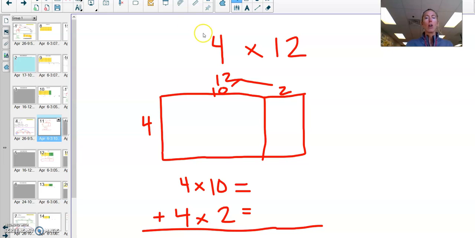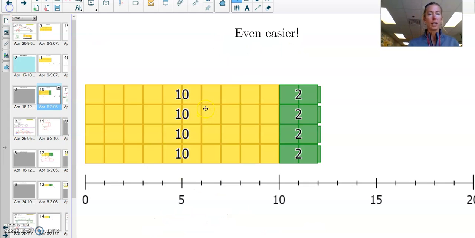We're going to take 4 times 12, or 4 groups of 12, and use an area model to help us figure it out. So I have 4, and I'm going to take my 12 and split it up into numbers that are nicer. I'm going to take the 10ness out of the number, and then I'm going to take the rest out. And then I say, well, this part right here was this part in our picture, right?